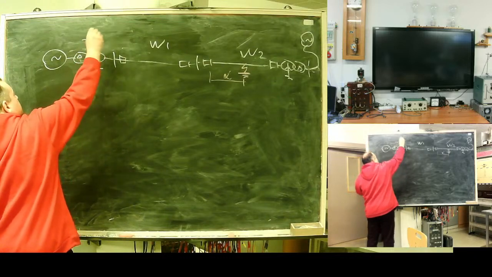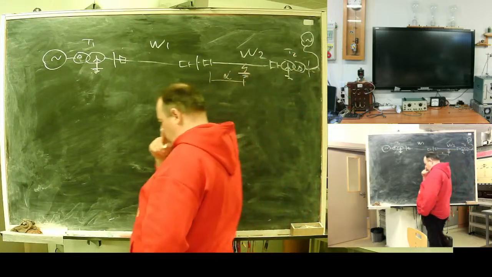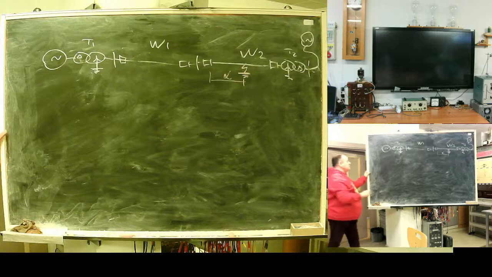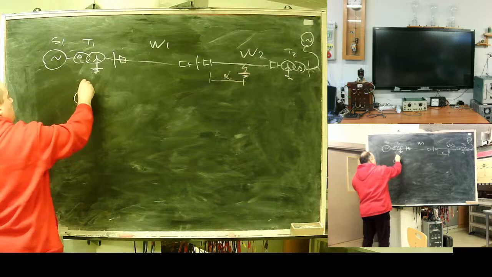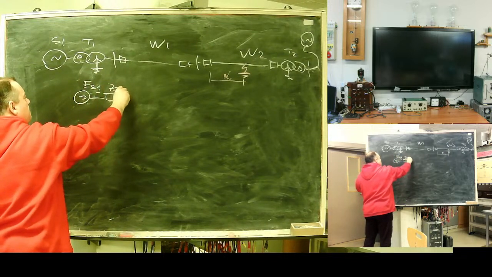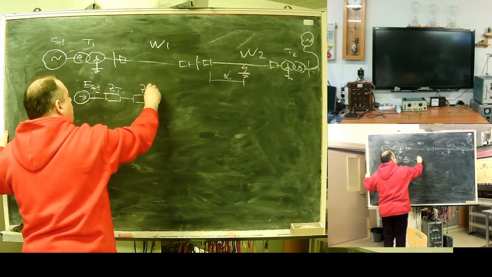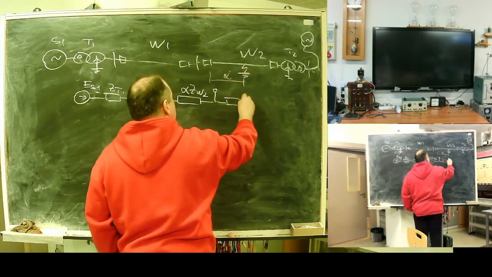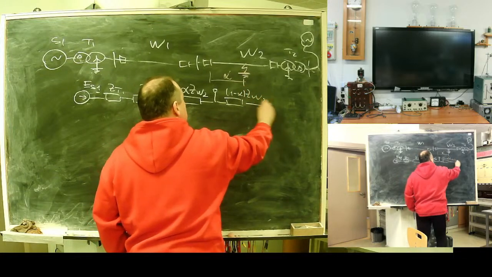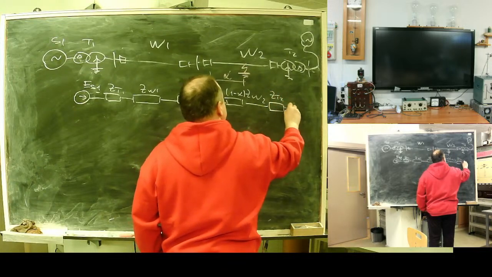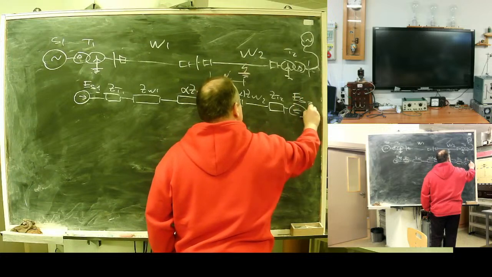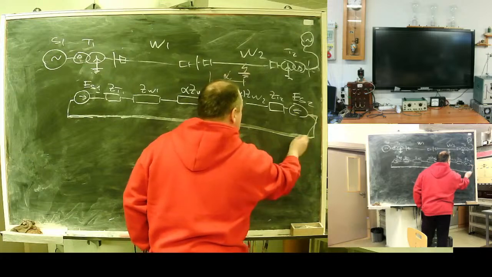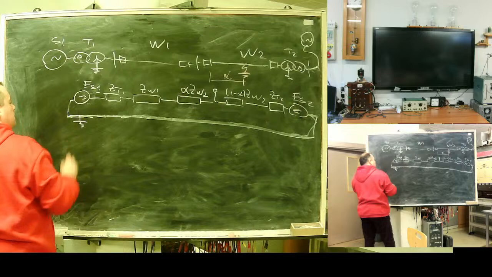Delta, transformer 1, transformer 2. I need three schematics. The schematic of direct sequence: 1, of V2, 1 of ground for direct sequence.